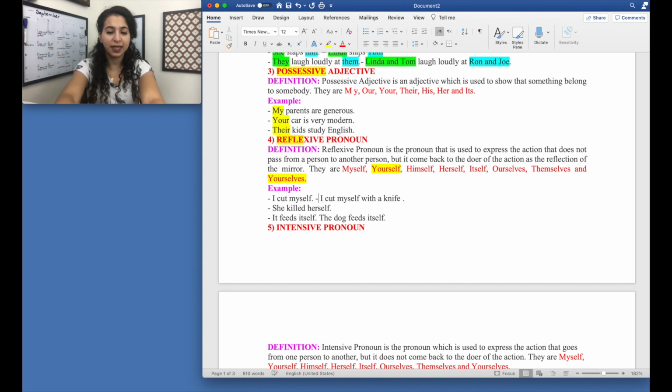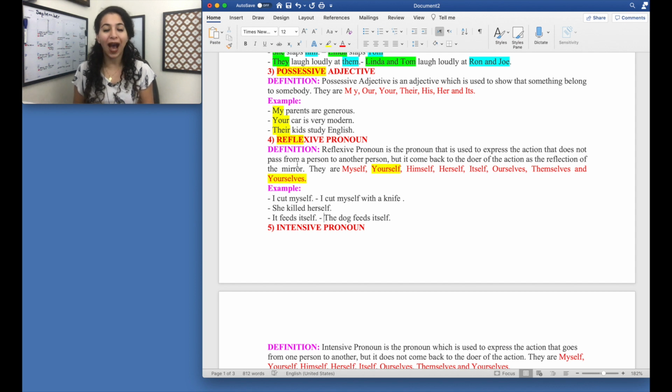You can kind of see here that the reflexive pronouns don't replace the subject, they replace the object, but the object is the same person as the subject.